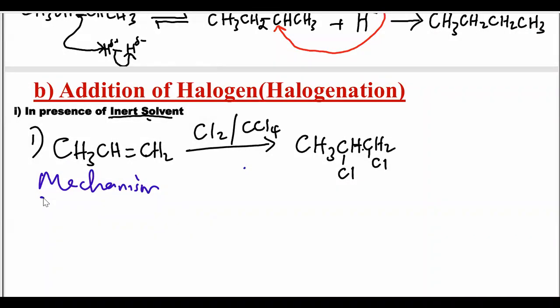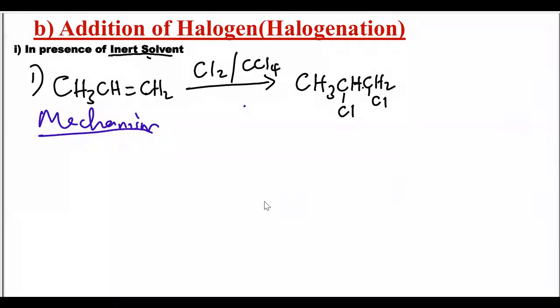Okay. So the inert solvent polarizes the halogen, so we have it dissociate into partial negative and partial positive. Let me rewrite this.